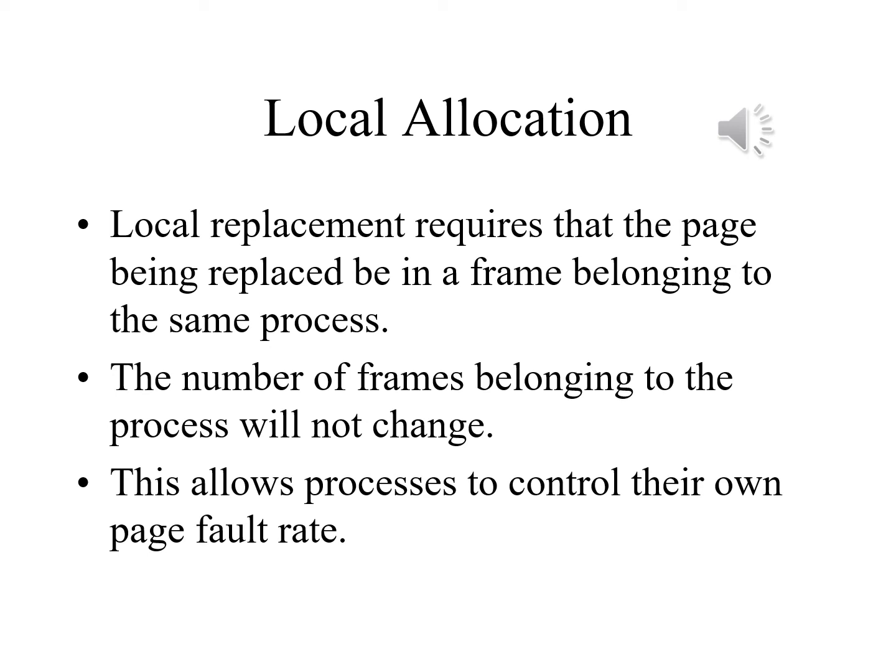This means that a process can't get extra frames, but it can't lose any either. A process is not dependent on the behavior of other processes to determine how many frames it has. However, this can backfire because other used frames of other processes are not available.